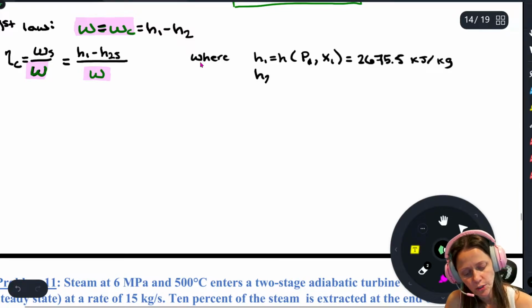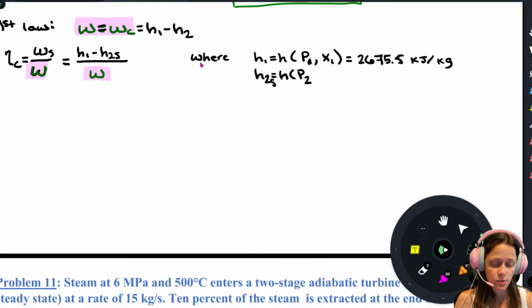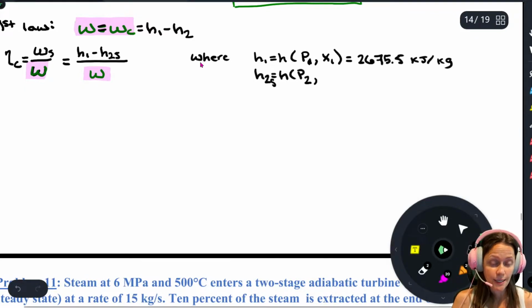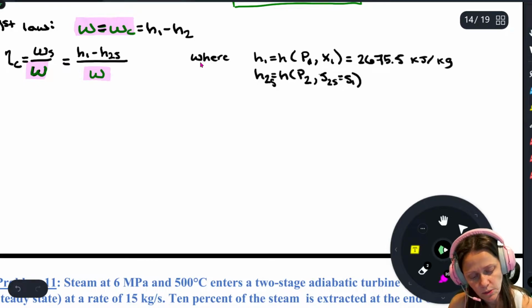And then H2, well, we know the pressure, and this is H2S, not H2. We know the pressure, that's 1 megapascal or 10 bar. And because we're describing an ideally isentropic process, this is going to be S2S, which is equal to S1. So I probably do need to get S1.